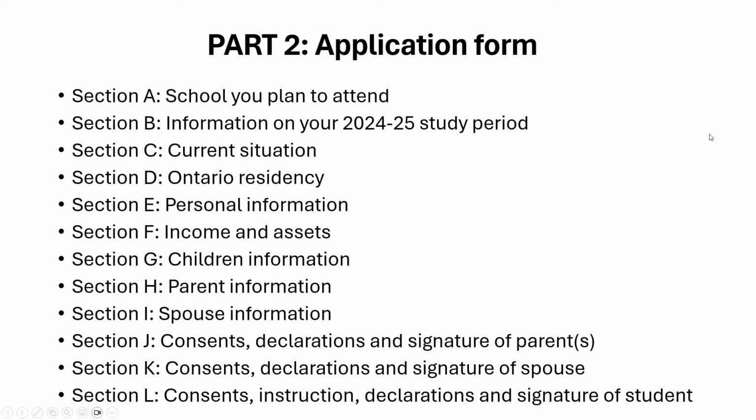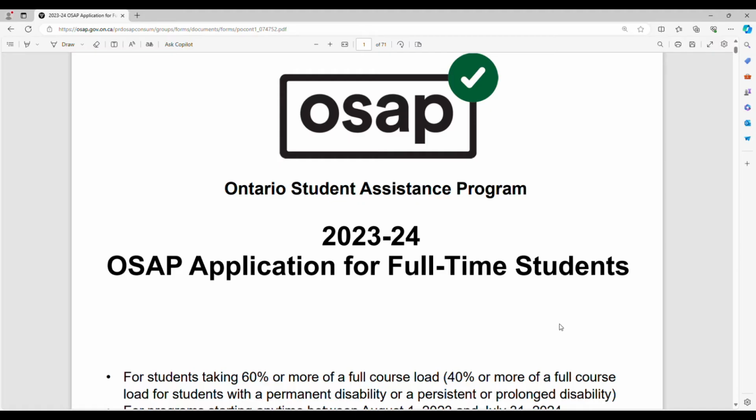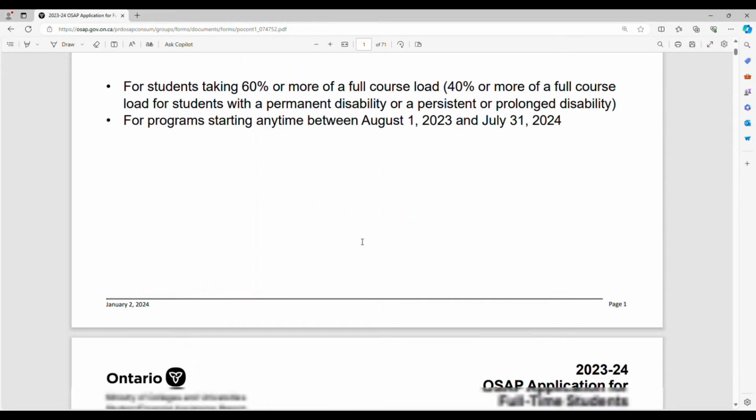Let me break down the application form for you so that we can see it clearly. So guys, I'm going to use the paper form for OSAP from last year, 2023-24. The paper version for this year, 2024 to 2025, is not released yet, so I'm going to use this one. But basically, it is the same thing.